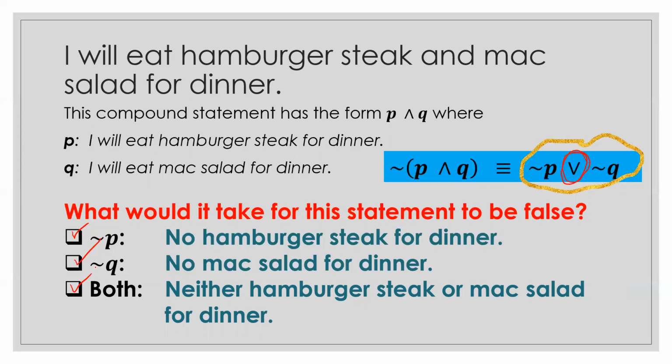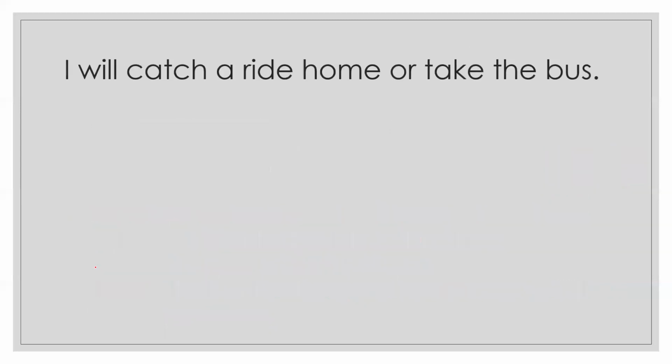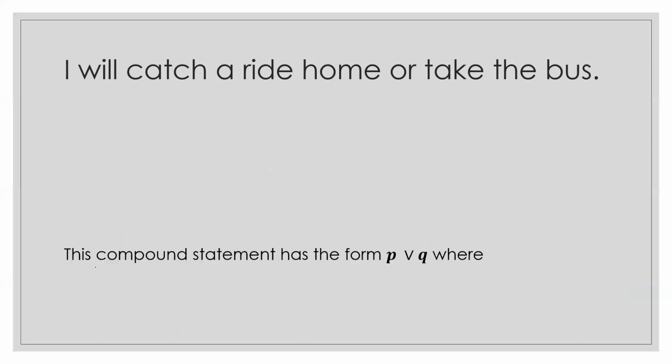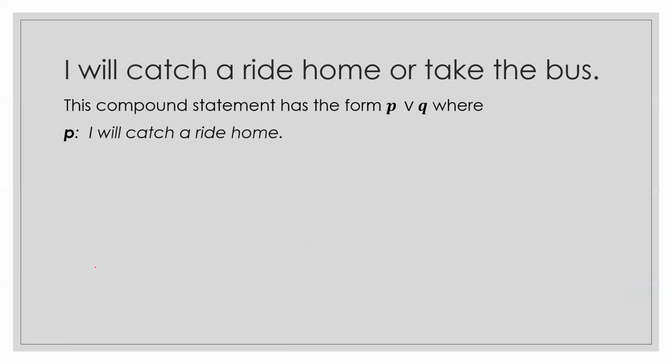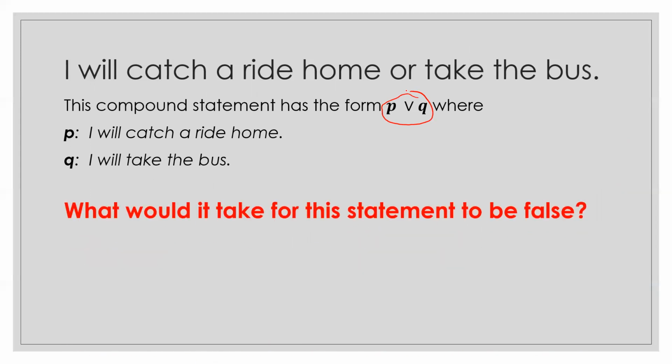And so what we want to remember is the negation of and is or, and then you negate each one of those simple statements. Now, if we had it the other way around, if I say, I'll catch a ride home or take the bus, this is of the form P or Q. P is I'll catch a ride home, and Q is I'll take the bus. What would it take for this statement to be false?